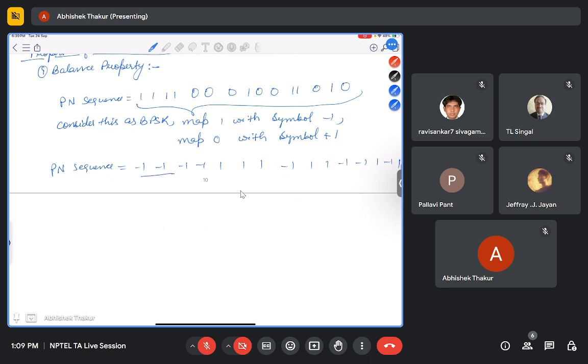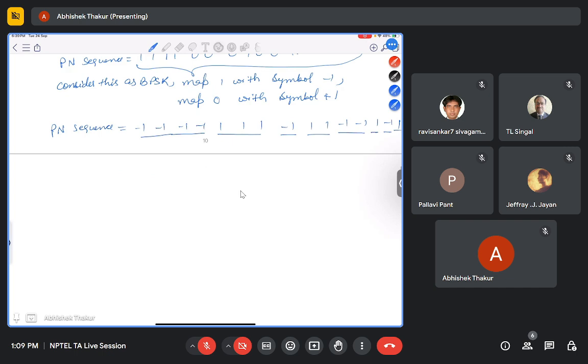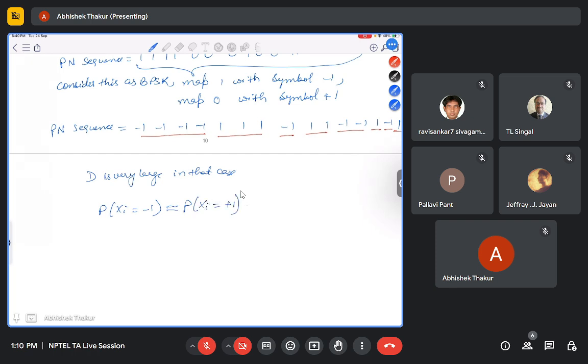So here you can see there are a total of 8 minus 1 and 7 plus 1. If D is very large, the probability of xi equal to minus 1 is nearly equal to the probability of xi equal to plus 1, that is equal to half.